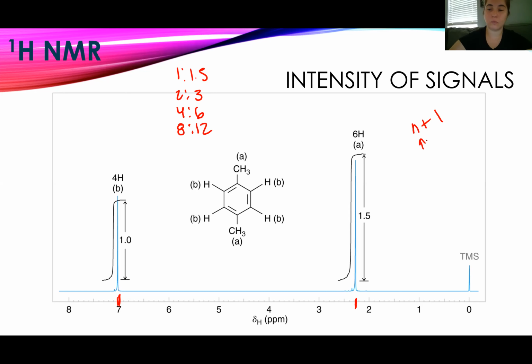If it's only split into one peak? 0, right. So if we look at the structure that they actually gave us, we'll see that this is correct. These hydrogens on this carbon, their neighboring carbon is this one. Are there any hydrogens on that carbon?